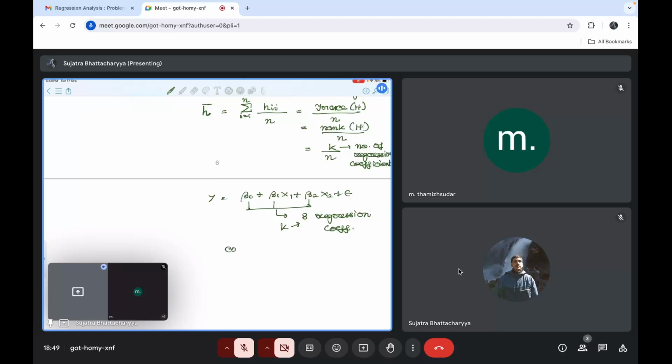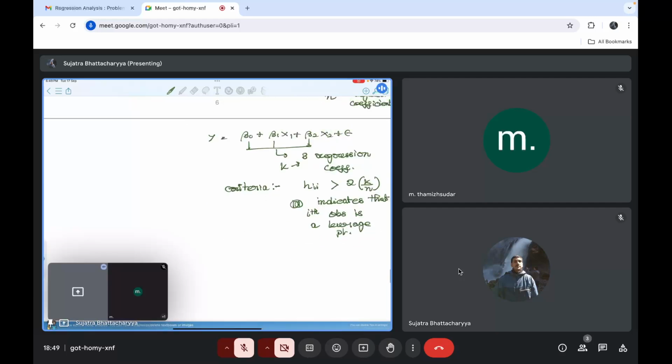Now the criteria to call a point a leverage point is that your HII should be greater than 2 into K by N. If this criteria holds, it indicates that the ith observation is a leverage observation or leverage point.